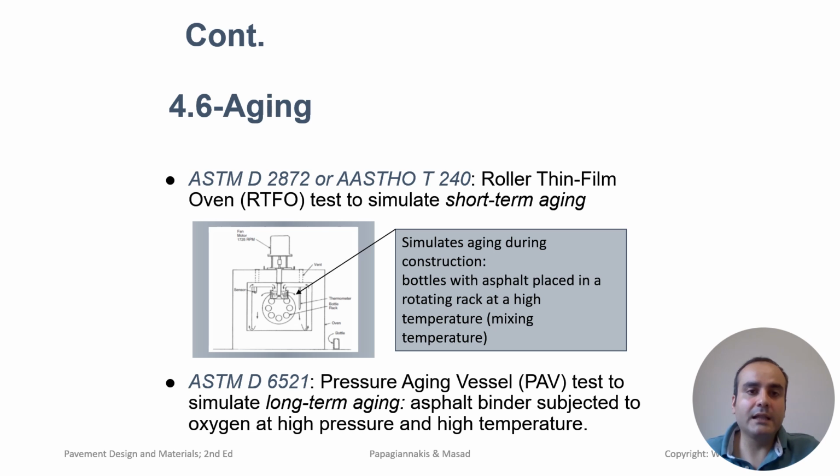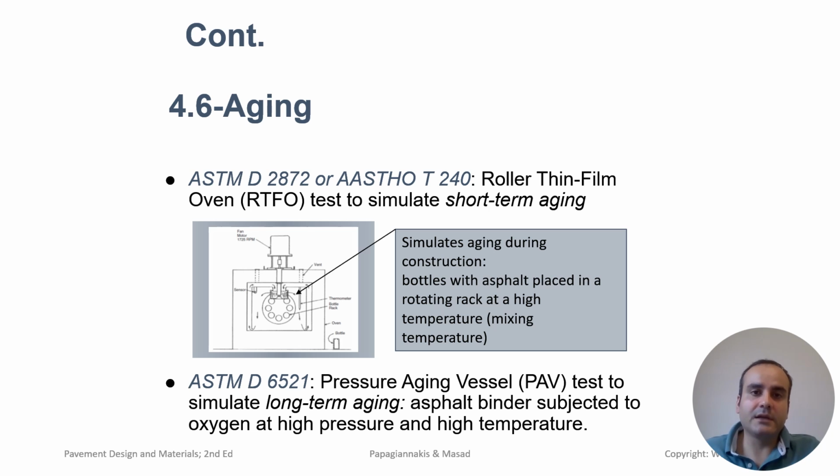This test helps predict how the binder will perform after construction and is essential for determining the binder's resistance to hardening and cracking. RTFO aged binders are typically used in further tests like the pressure aging vessel (PAV) test for long-term aging predictions.